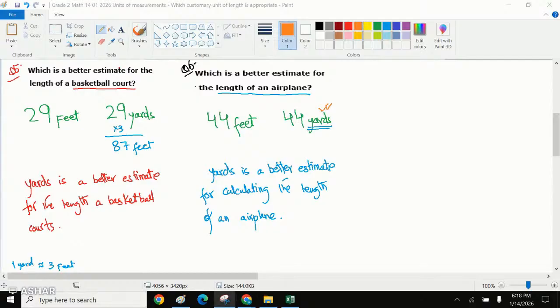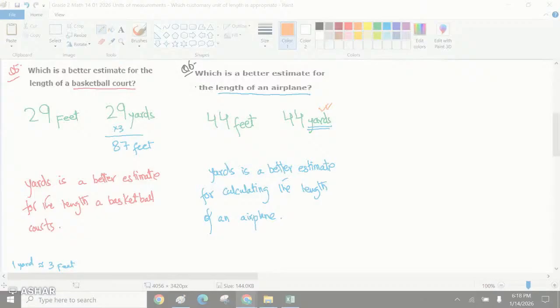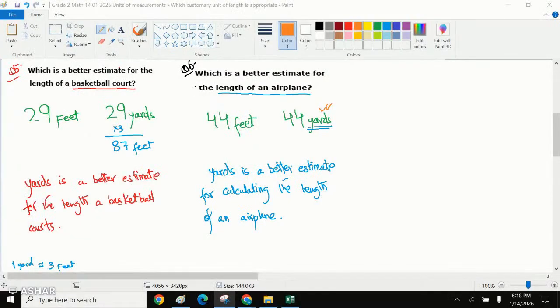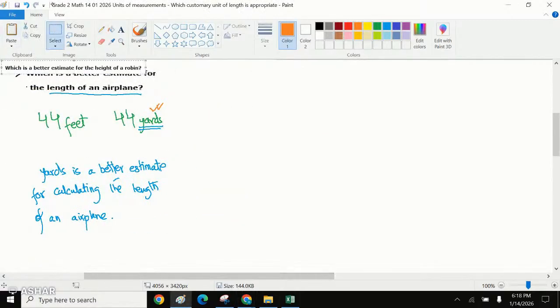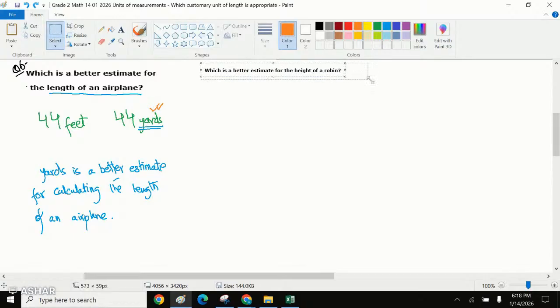Okay, let's see. I just read the question myself and I was like, what are they talking about? But robin is a bird, right? So they are asking us in this question, what is the better estimate for the height of a robin?